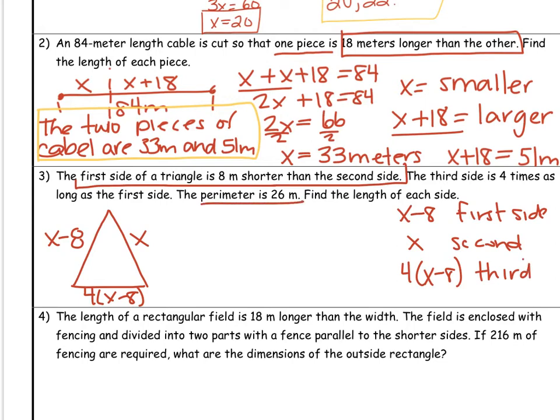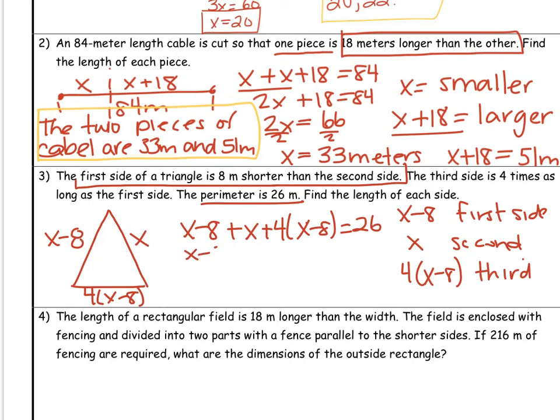And we know that the perimeter is 26, so the perimeter of a triangle, you just add them up. So we have the first side, x minus 8, plus the second side, x, plus the third side, which is 4 times the quantity x minus 8, and that is equal to 26.